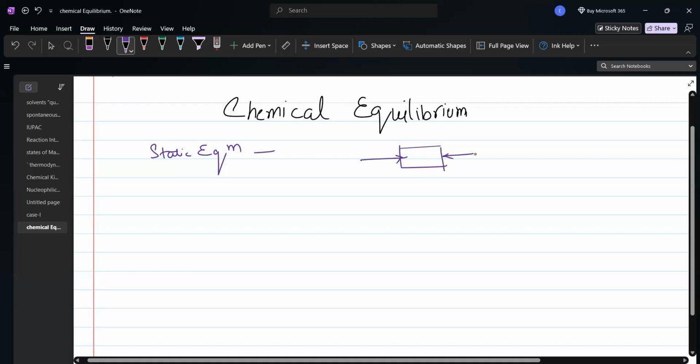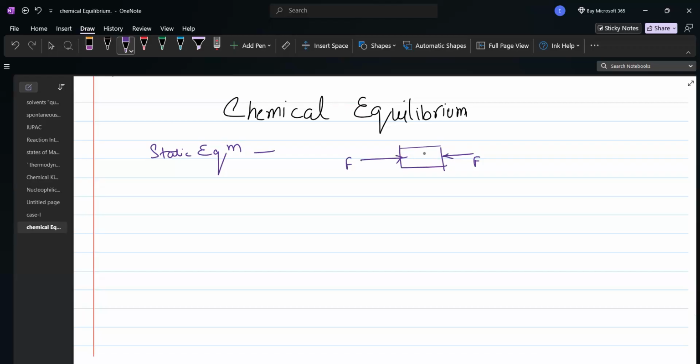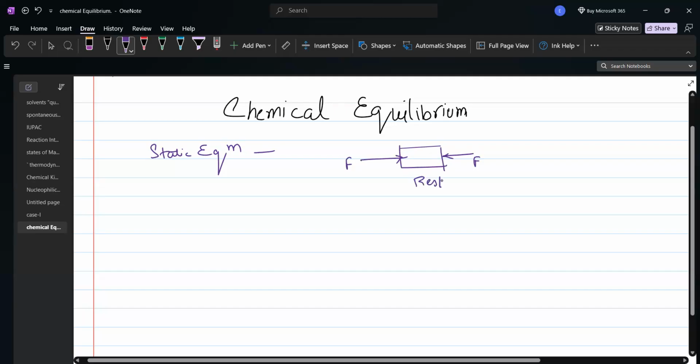Where we are applying force from both sides, equal force. Then will it move or not move? It will be at rest. Why? Because the force applied on this block will be equal and opposite. So it will not move.